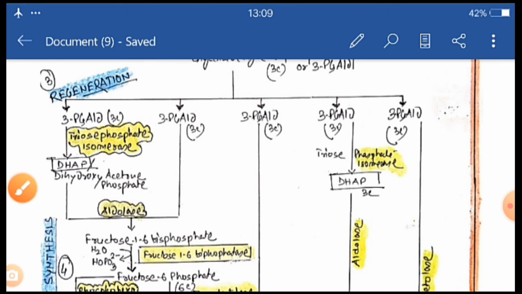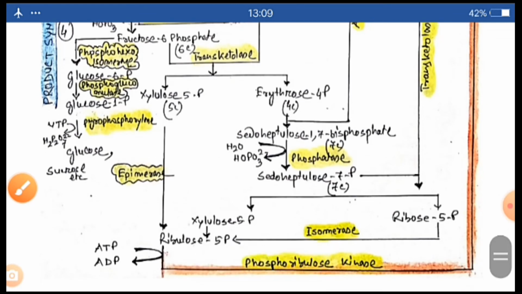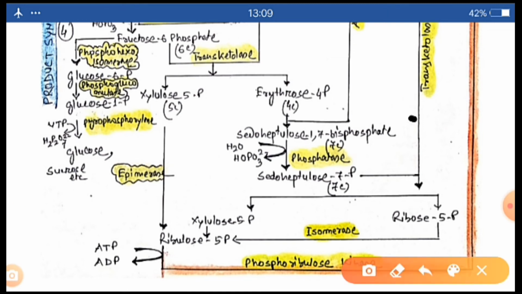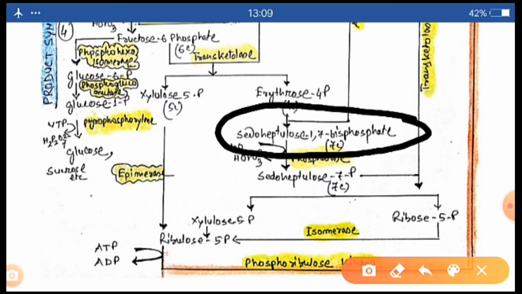Okay, as a result of that, 4 carbon and 3 carbon combine together to form a 7 carbon compound with 2 phosphates, that is called sedoheptulose 1,7-bisphosphate. So erythrose 4-phosphate and dihydroxyacetone phosphate combine together to form sedoheptulose 1,7-bisphosphate in the presence of enzyme aldolase.